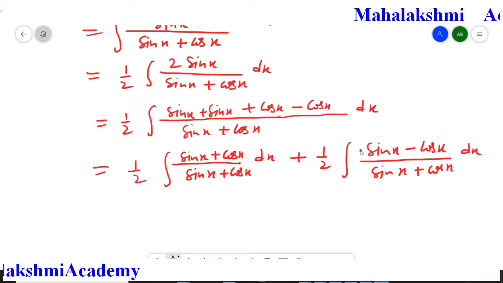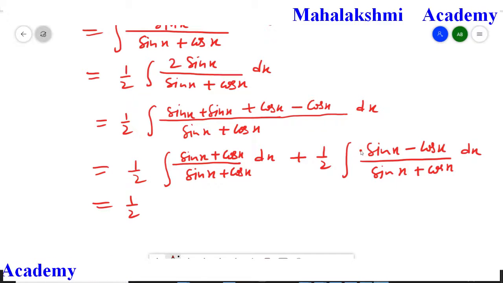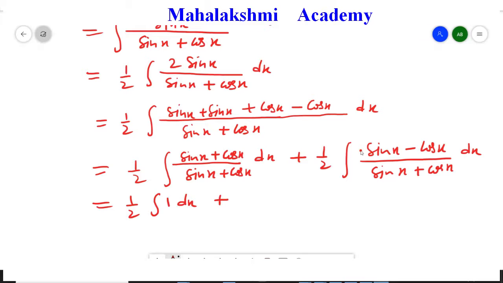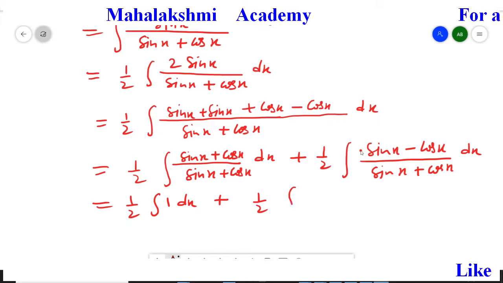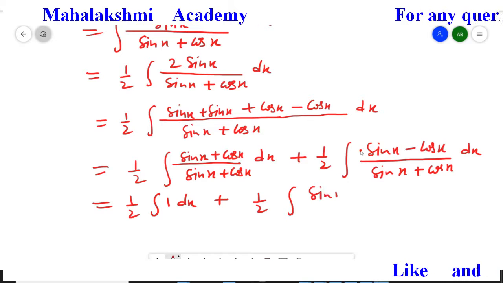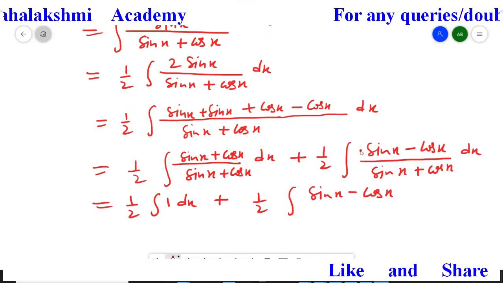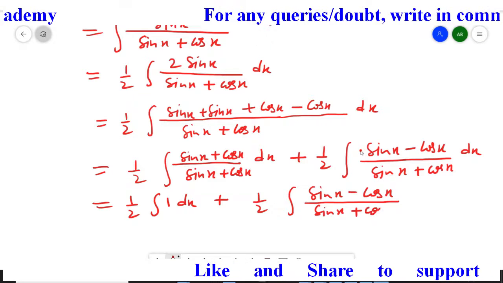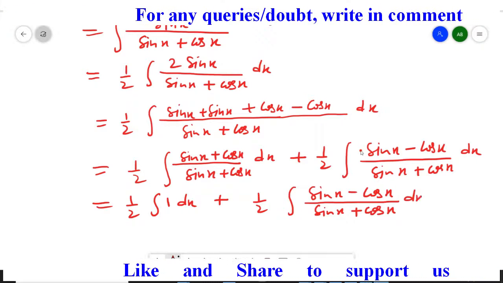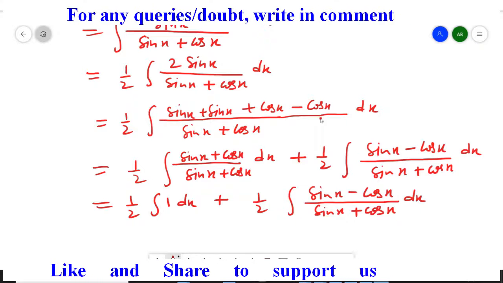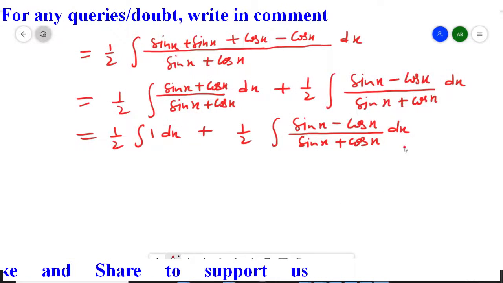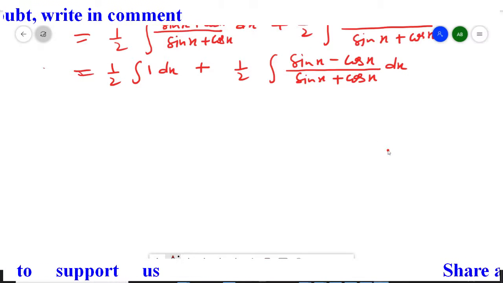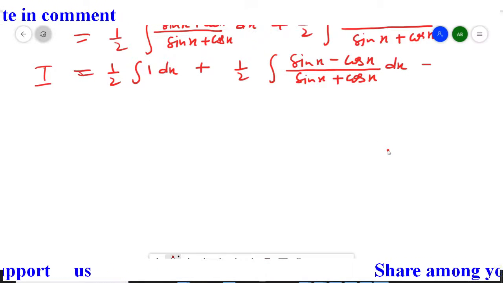Now here they will cancel, and it's going to be only half integration of 1 dx plus half integration of sin x minus cos x divided by sin x plus cos x dx. Now in the next step, this is our equation, so I am going to assume this as equation 1.